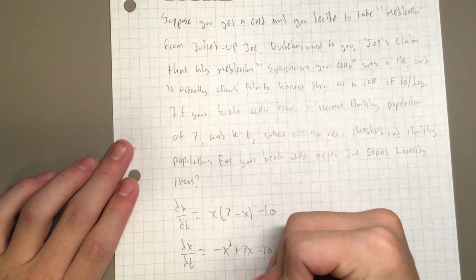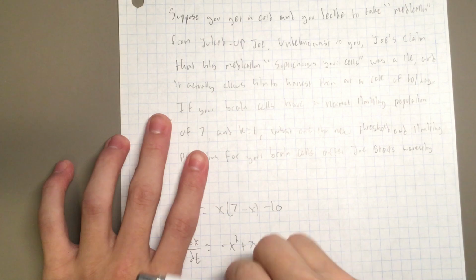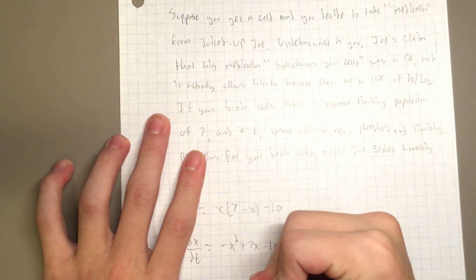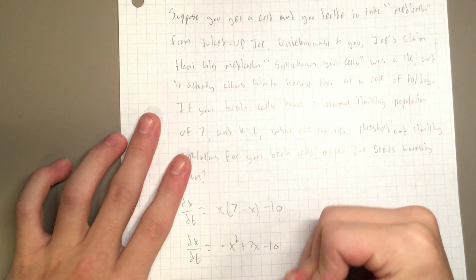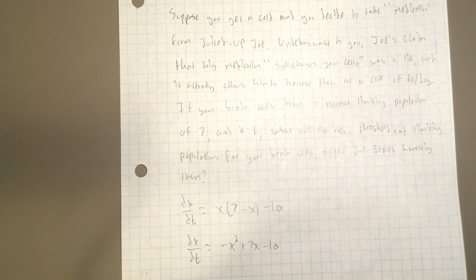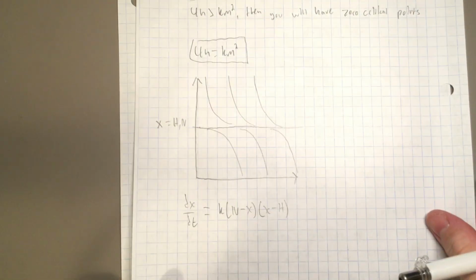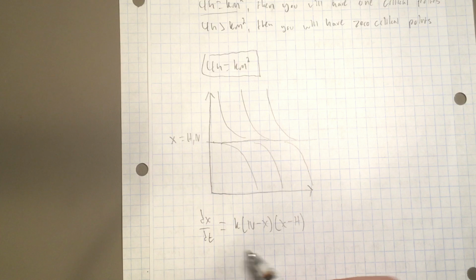So when we factor this, we'll get (5 minus x) times (x minus 2). And if we look, this is actually in the exact same form as we had here: dx/dt equals k times (n minus x) times (x minus h).